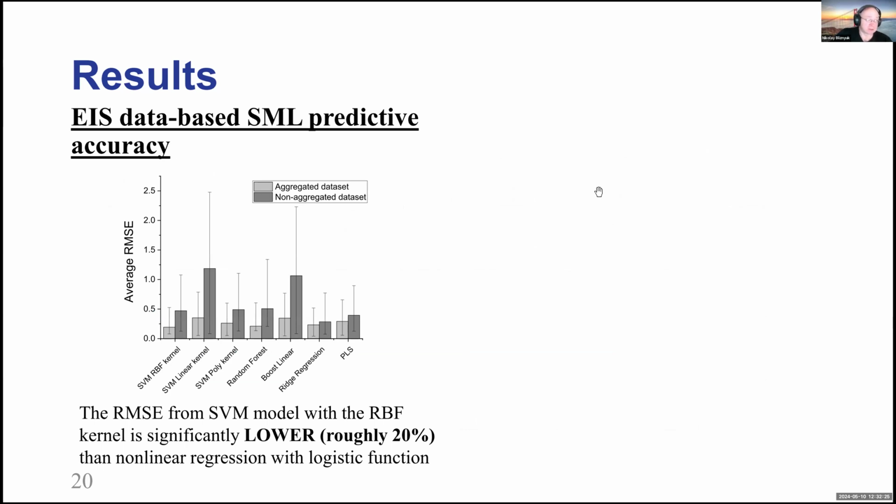Here, these are results of statistical machine learning model performance based on the root mean squared error when one uses the models based on impedance curves. So these are with and without explicit dimension reduction.